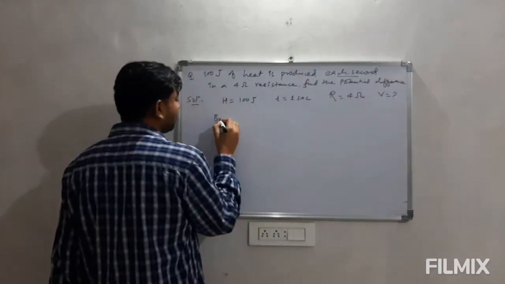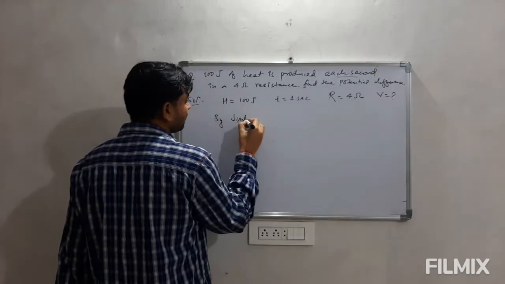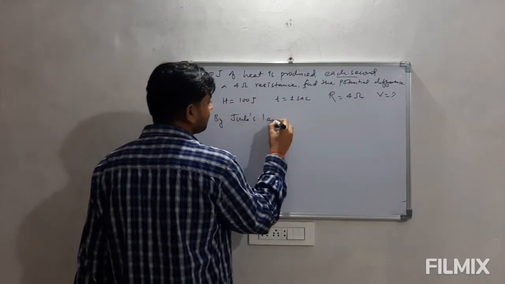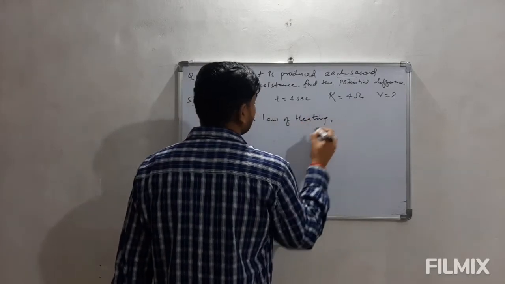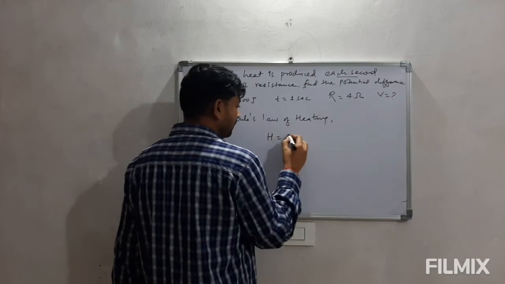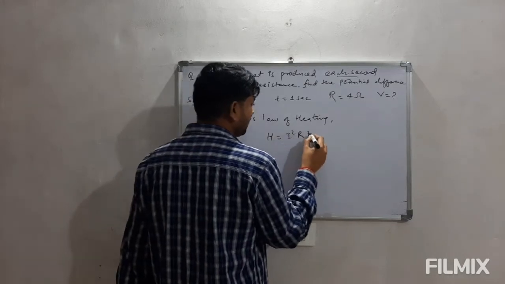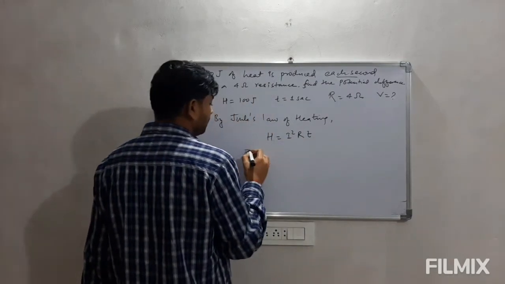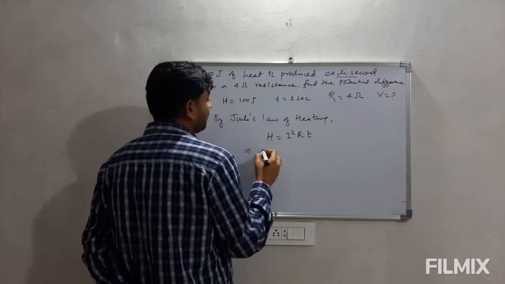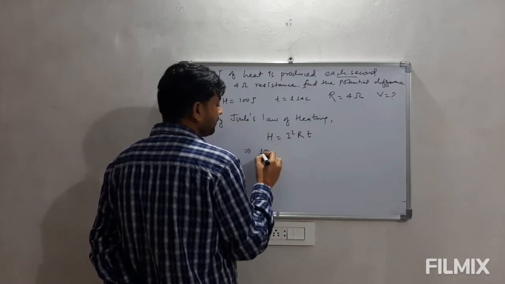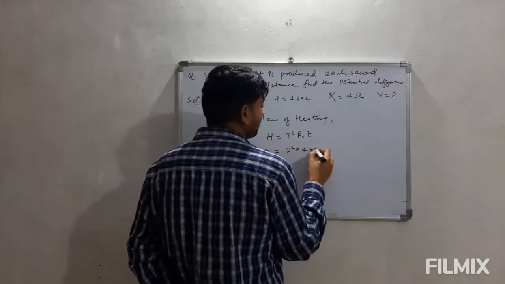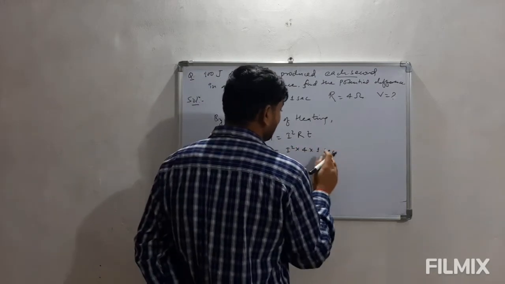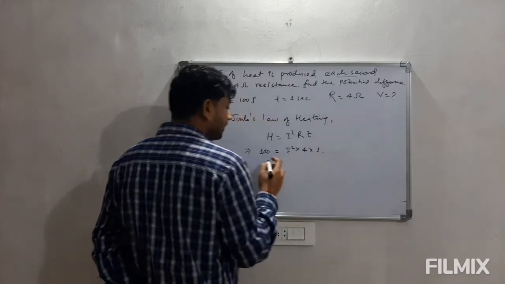So by Joule's law of heating, we can write H is equal to I square RT. Now substitute the values. Here H is 100, equal to I square into R which is 4 ohm, and time is 1 second.